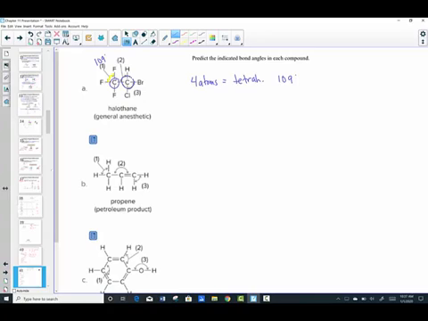And so that right there is also 109 degrees. It is also tetrahedral. And again, this atom between chlorine and bromine, or this atom here between the hydrogen and the other carbon, they all represent 4 atoms. So they're all 109 degree bond angles within that entire structure.